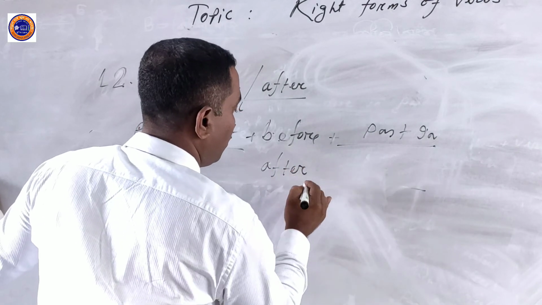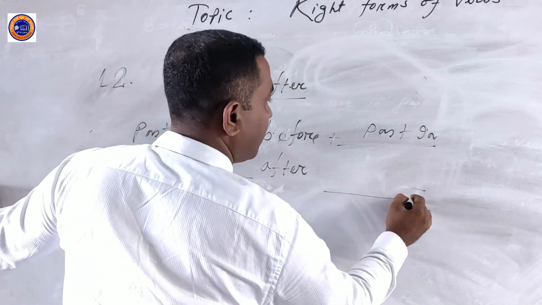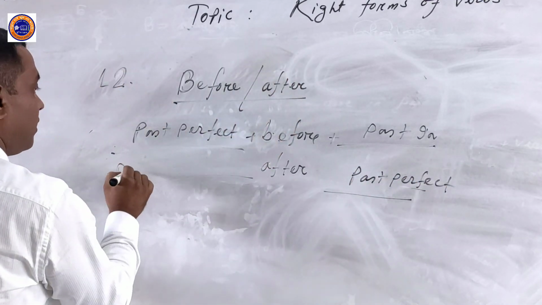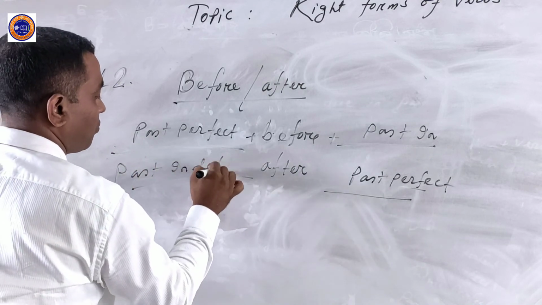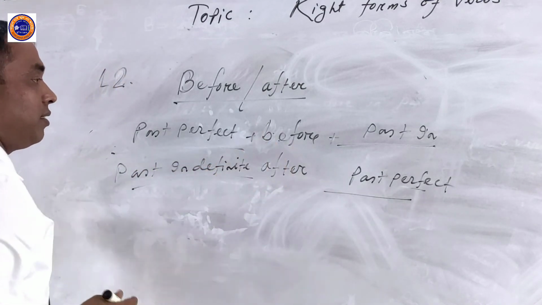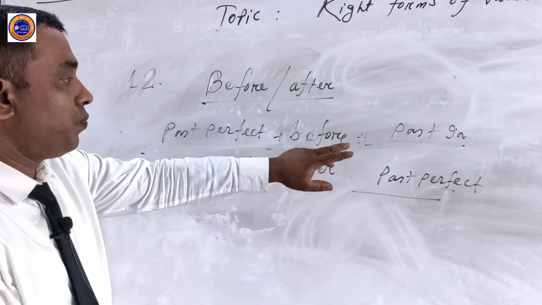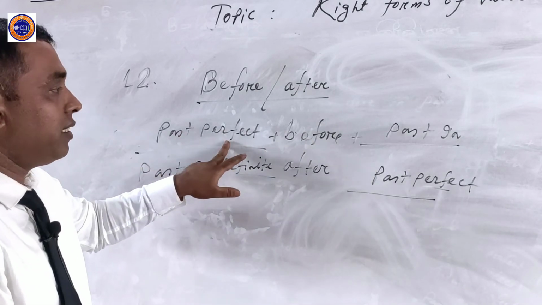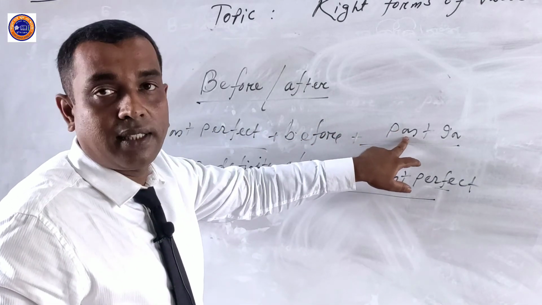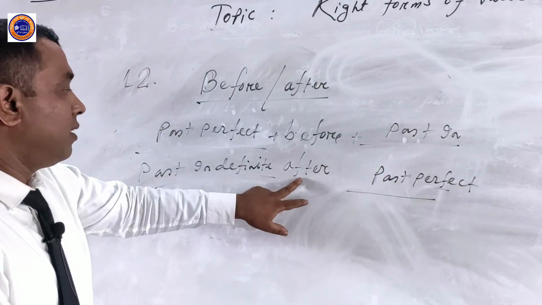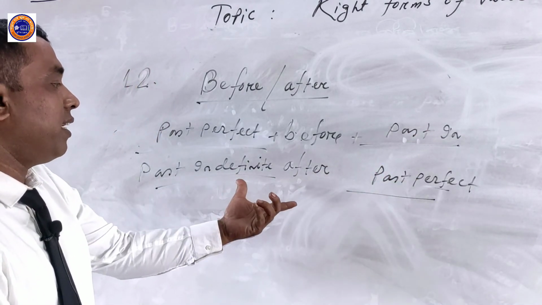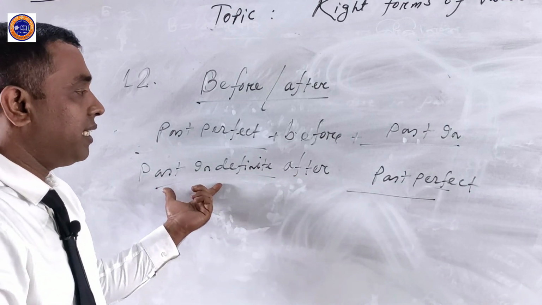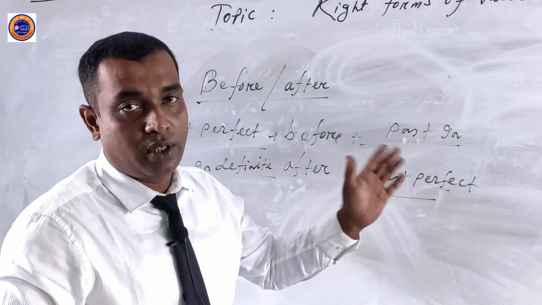When using after: past indefinite, past perfect. The rule is that if two clauses are joined by the word before, the first clause will be past perfect and the second clause will be past indefinite. And if two clauses are joined by the word after, then the first clause will be past indefinite and the second clause will be past perfect. You must have understood these things.